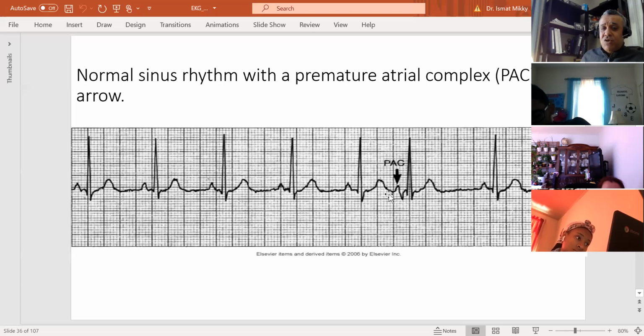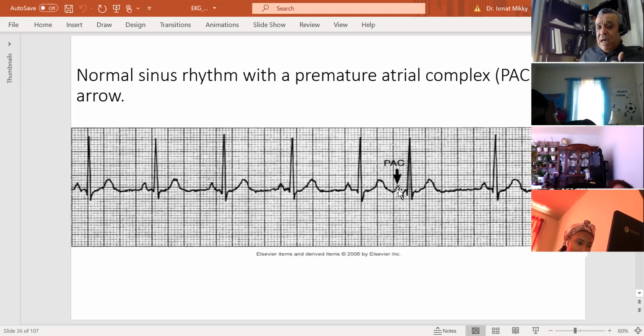The QRS here responded, the ventricles reacted and responded to the ectopic foci, which fired the impulse. So who fired the impulse? Ectopic foci. It didn't come from the SA node to the AV node. It was from the ectopic foci.